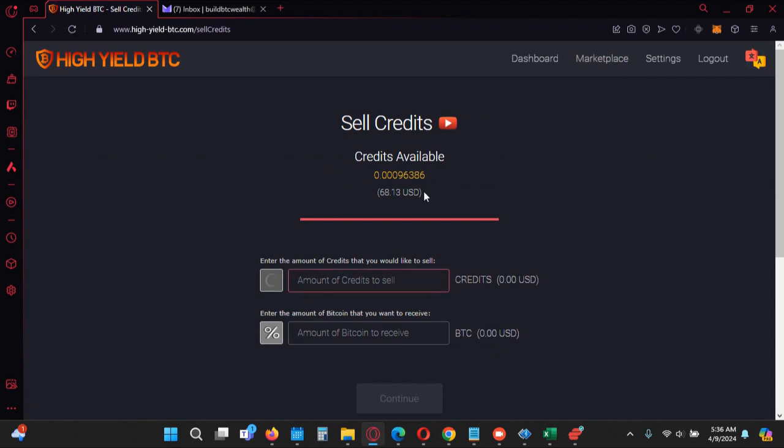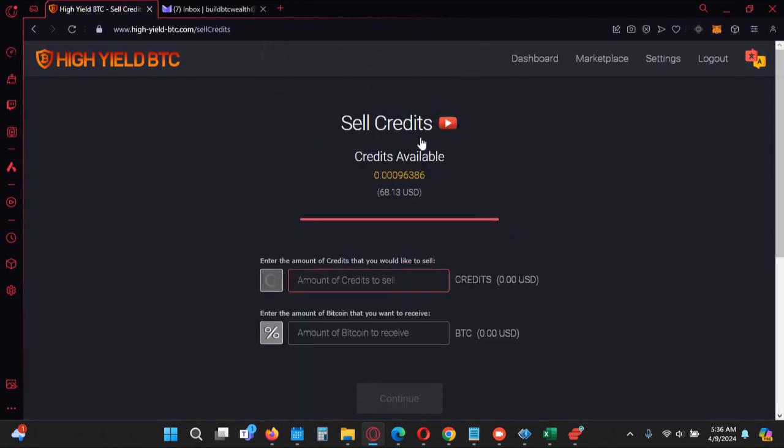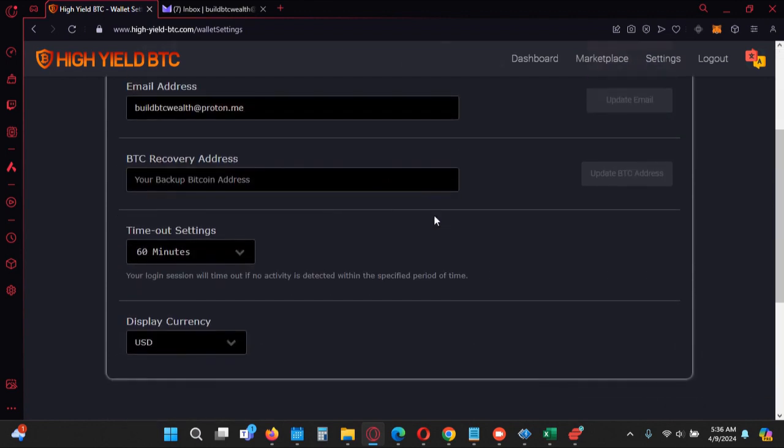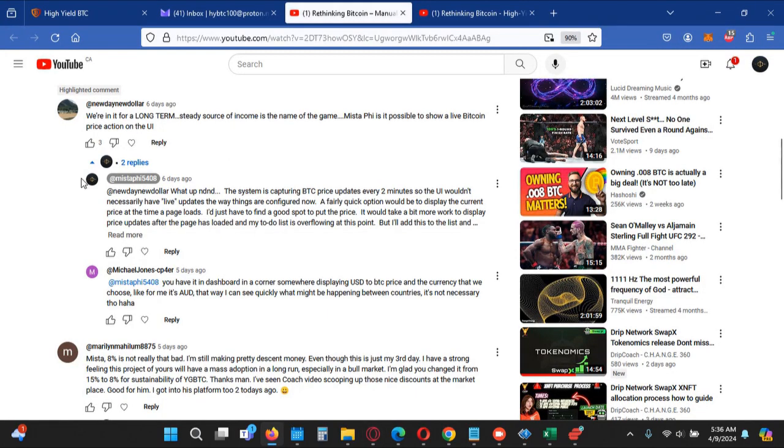So whatever pages that you see that you would like that information to have the Bitcoin price on, let me know which pages, and I'll see if I can come up with a way to put that information out there. Certainly, we don't need it on pages like the settings because nobody's really doing anything back here. But just let me know, give me some feedback, New Day, New Dollar, and we'll handle that.